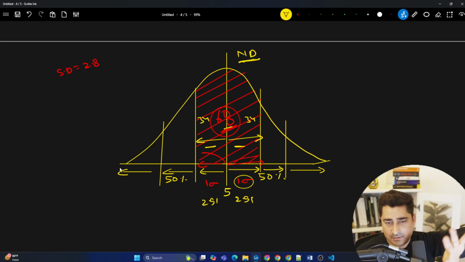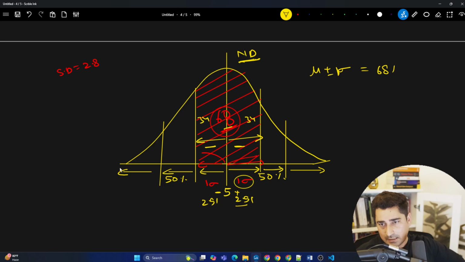I'm assuming that. So based on that assumption, 5 plus this and 5 minus this is going to hold 68% of the data. So mu plus minus one standard deviation is going to hold 68% of the data.